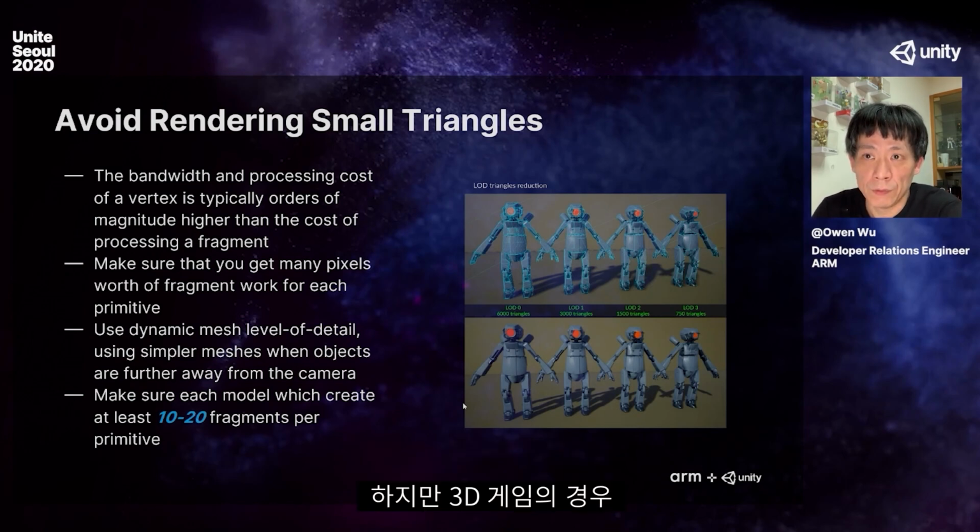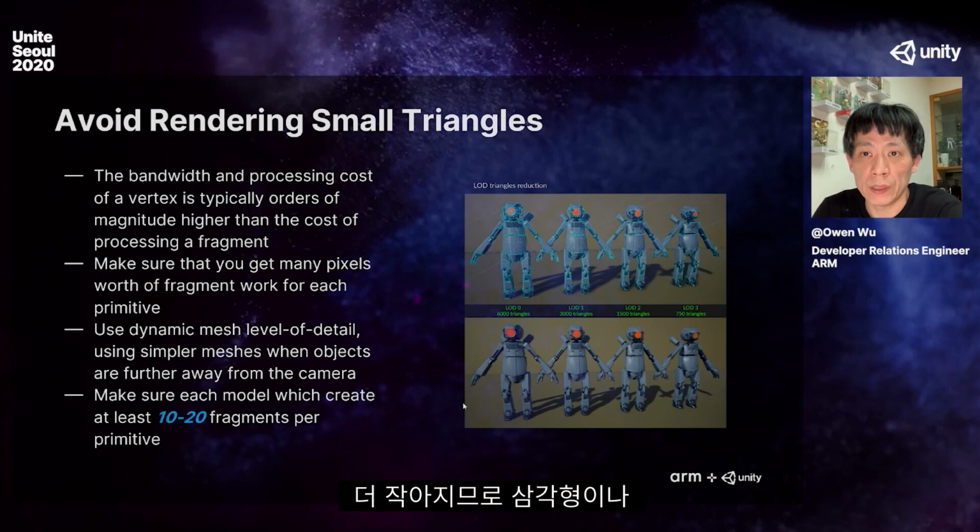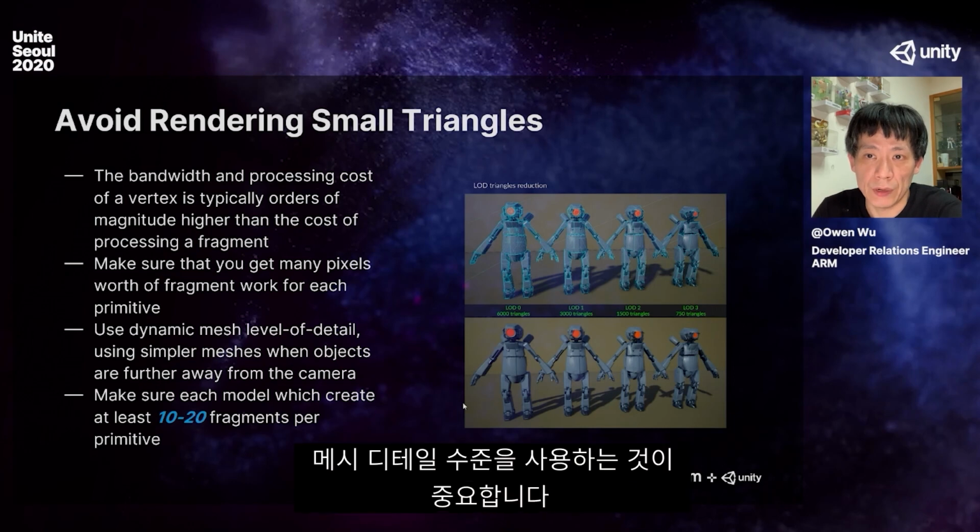But for a 3D game, the objects which are further away from the camera will become smaller, and the triangles or the primitives will become smaller. So in this case, it is important to use mesh level of detail for 3D objects.